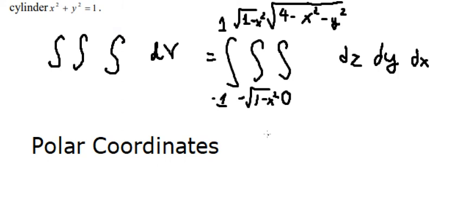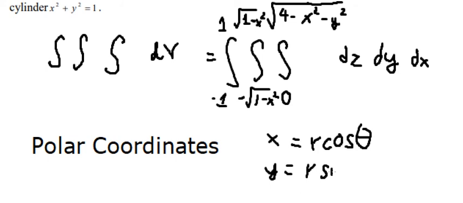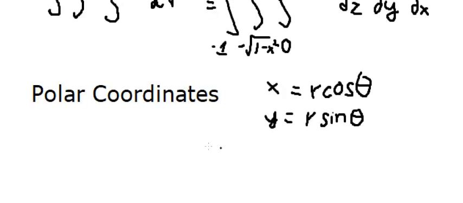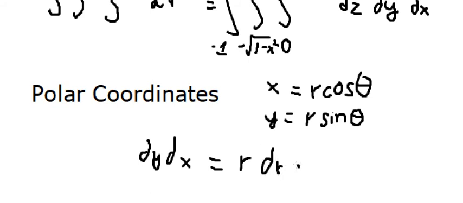So we put x equal to r cosine theta, y equal to r sine theta, and dy dx we can put as r dr d theta.